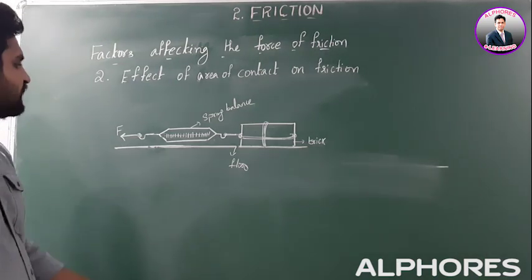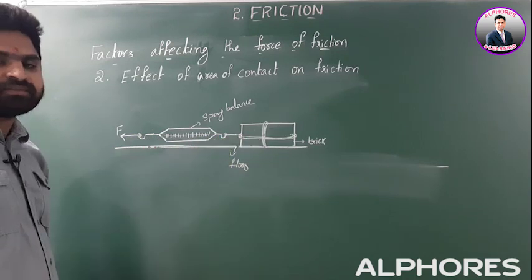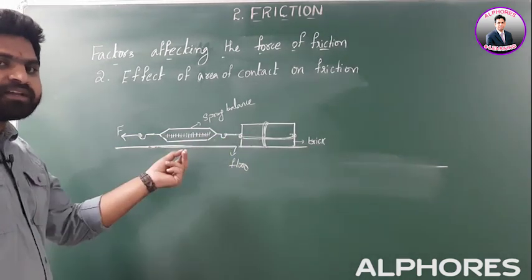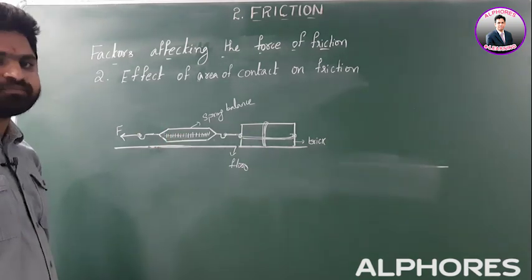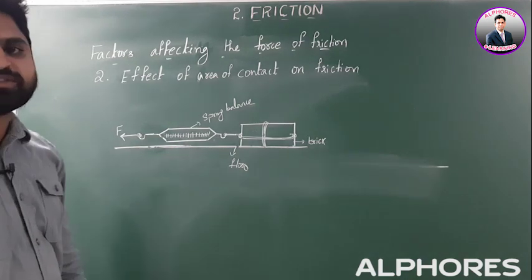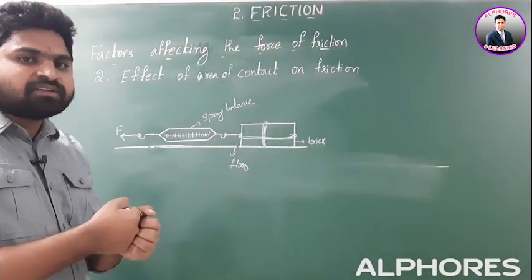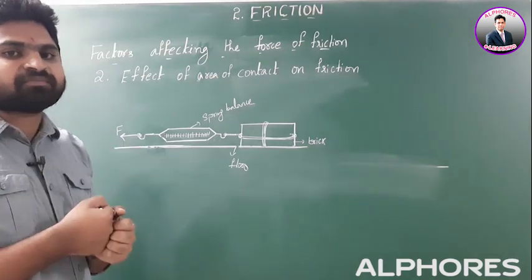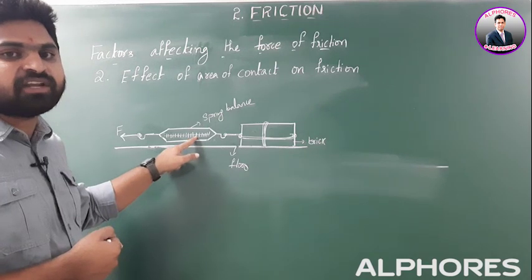We are applying force on the spring balance to move the brick, whereas the spring balance gives us the magnitude of the applied force. Now let us understand about this spring balance. When you apply force on the spring balance, the spring is stretched, so there is a change in length of the spring.